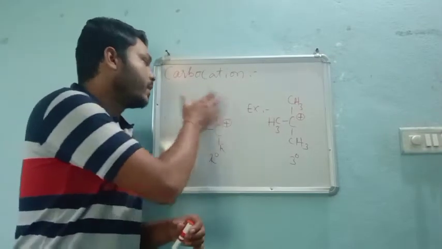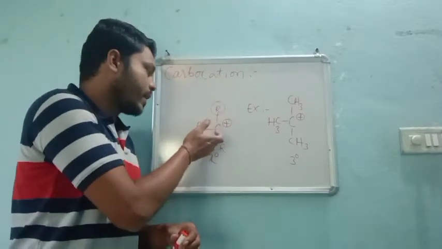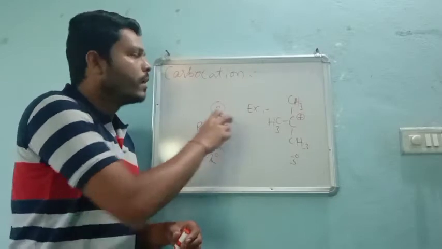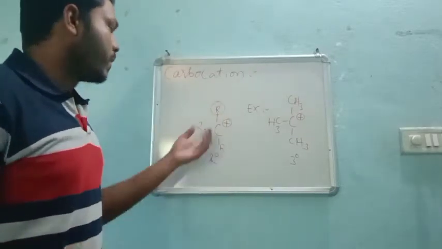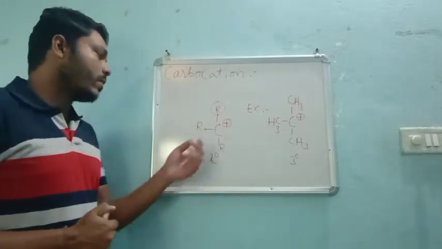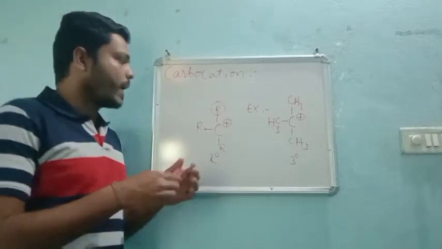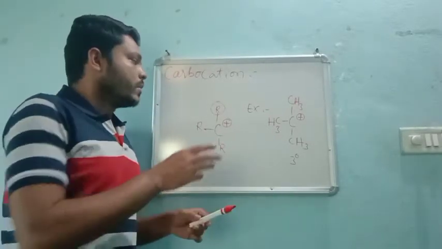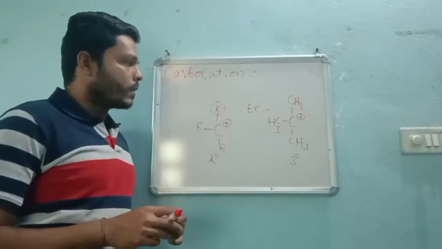So these are the cations, carbons having a positive charge on them, and because of the positive charge, they undergo reactions very easily, right?